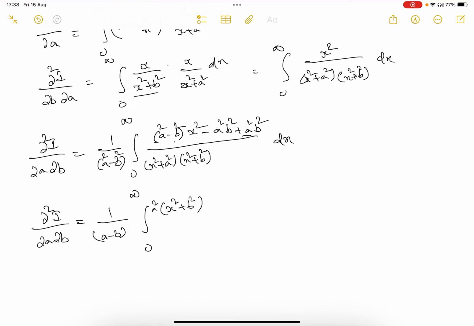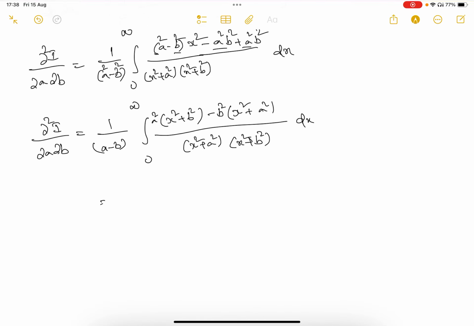Then the remaining two terms, you take minus b square common. Then this will be x square plus a square by (x square plus a square) into (x square plus b square) dx, which is 1 by a minus b into, as you can see now, integral 0 to infinity.